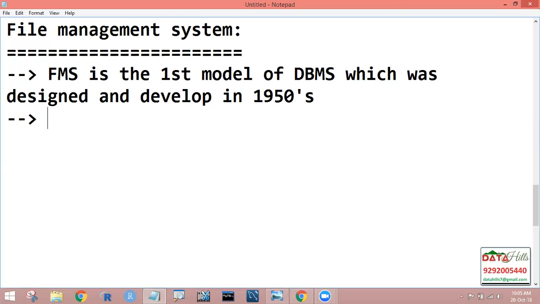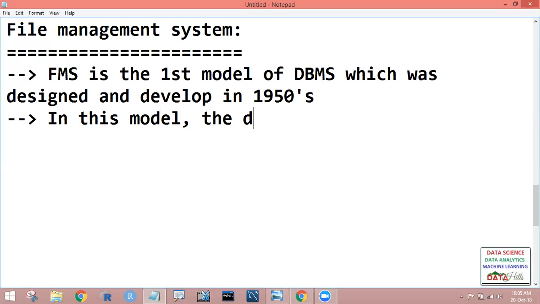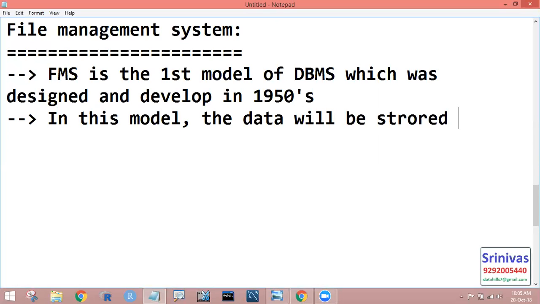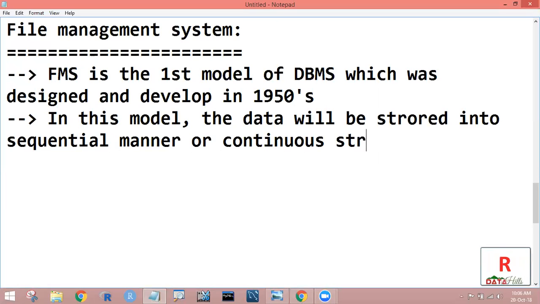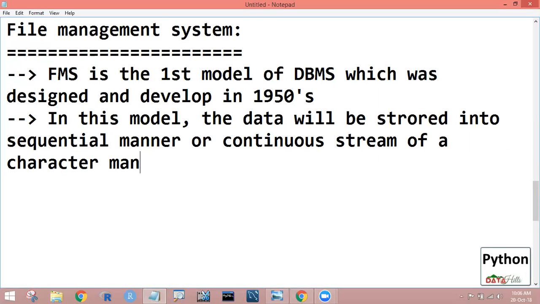Now in this model, the data will be stored in a sequential manner, meaning in a continuous stream of characters. Right?